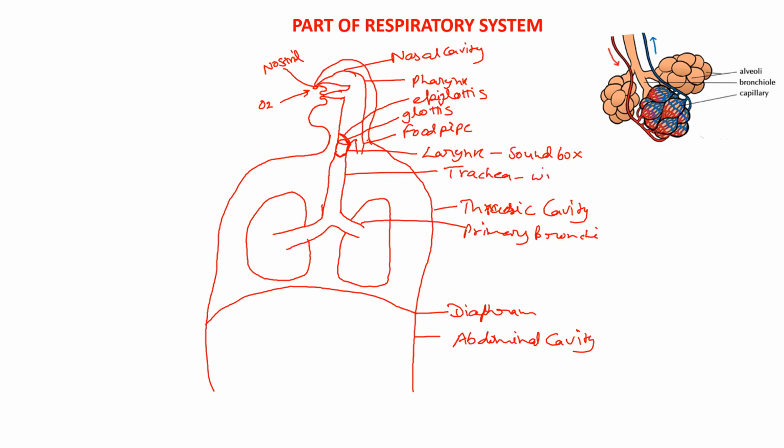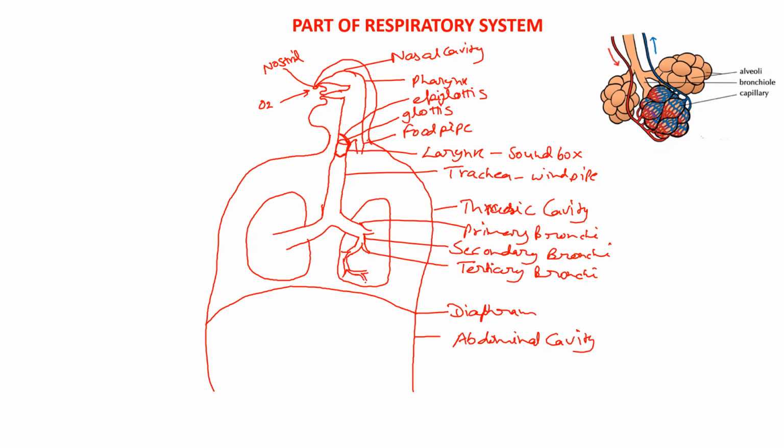Trachea is also known as the windpipe. These bronchi are further divided into secondary and tertiary bronchi. So this is the secondary bronchi and here is the tertiary bronchi.